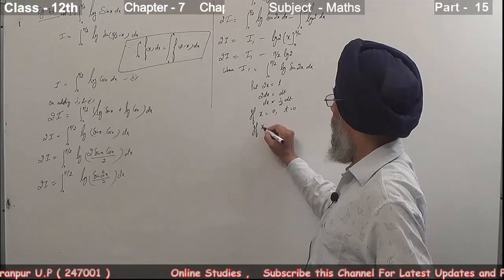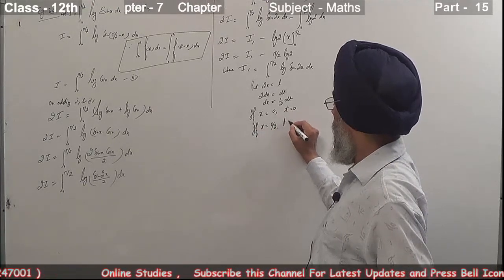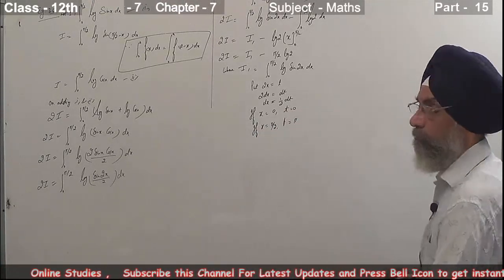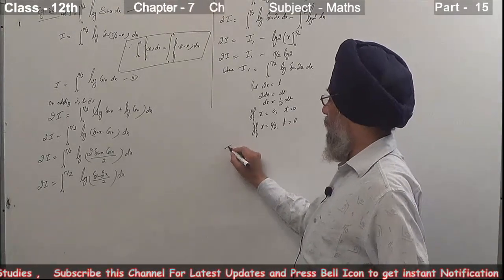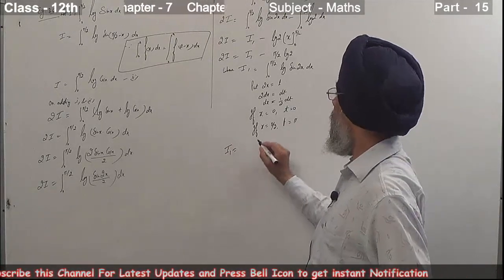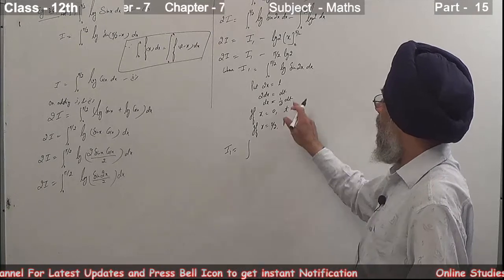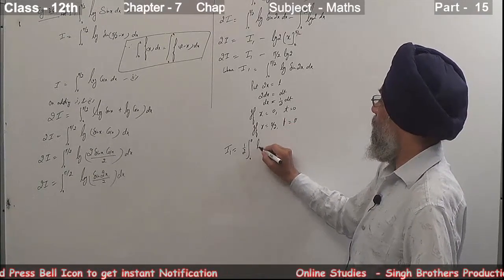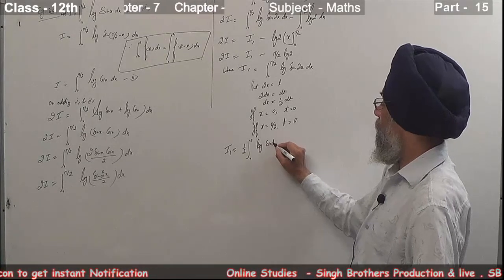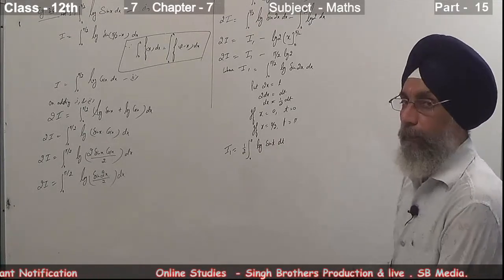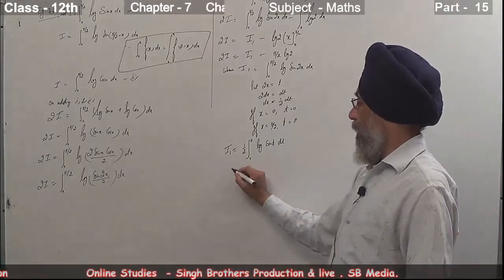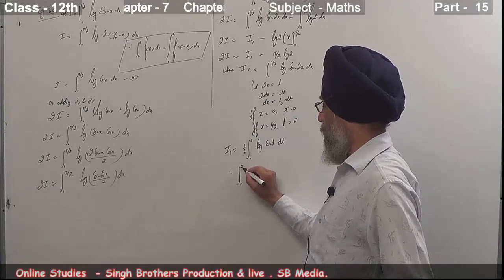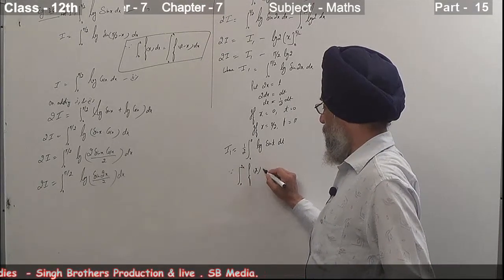If the value of x is pi by 2, the value of t is pi. So this I1 becomes half of the integral from 0 to pi of log sin t dt.